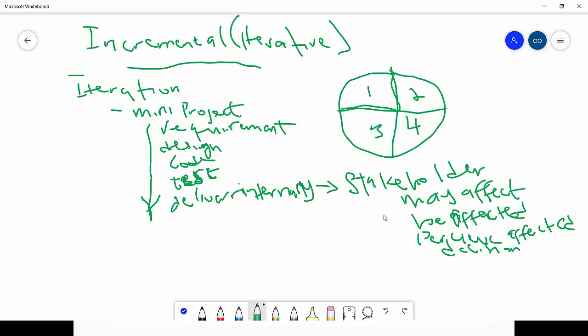Okay, so if anybody or any organization falls within this rank, they are stakeholders.